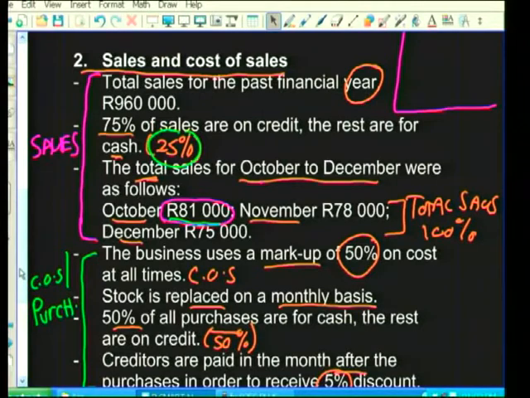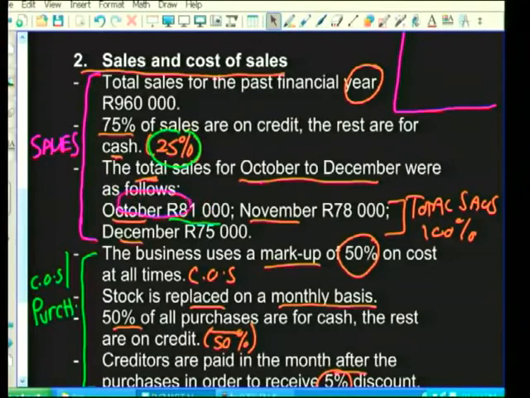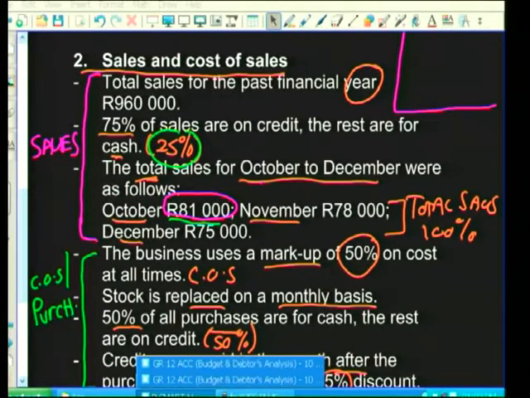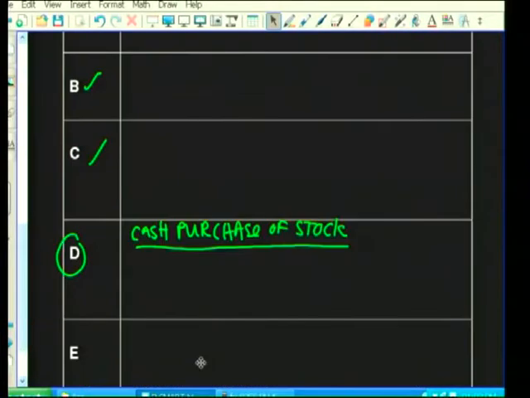So if I want to calculate cost of sales, guys, you've done this from grade 8, I obviously can calculate my cost of sales using my sales together with my markup. So that's exactly what I'm going to do. So there's my October sales, 81,000, there's a markup of 50%. So let's now calculate your cost of sales first.